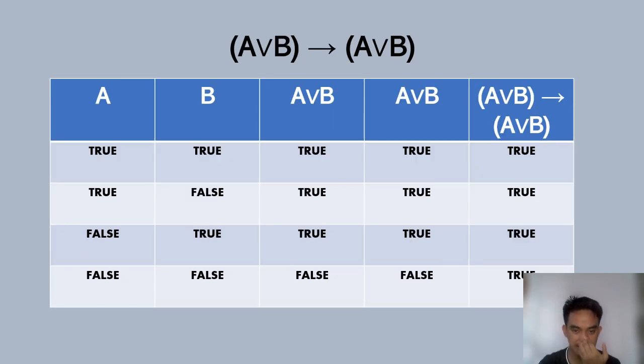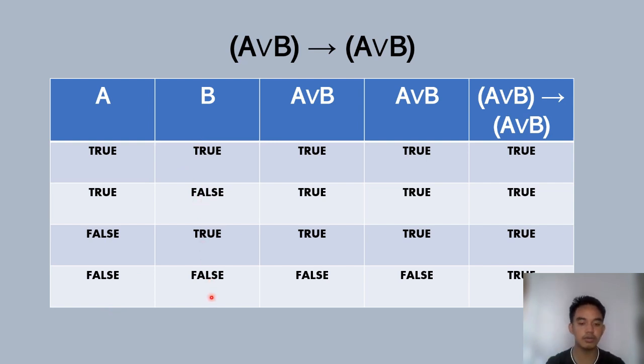Then let's see some examples of the connectives, or let's see some problems. Here we have A or B, then the implication, A implies B. Here we have the values of true under A and B: true, true, false, false, true, false, true, false.